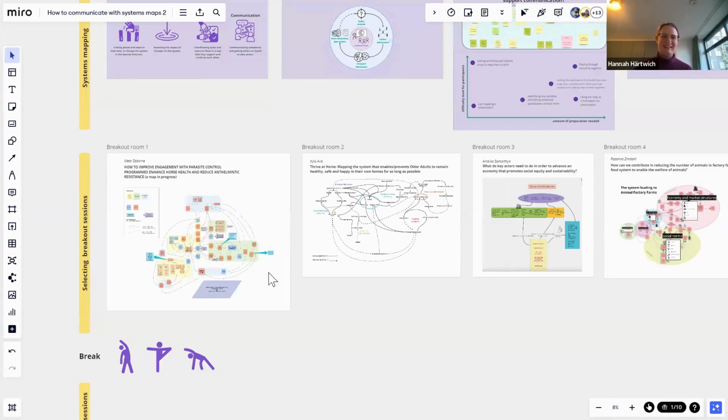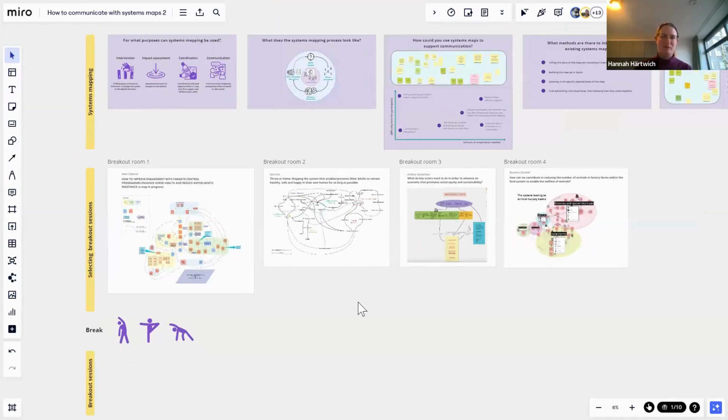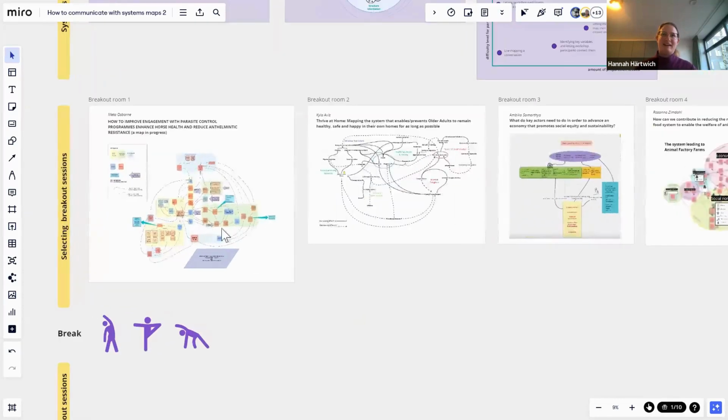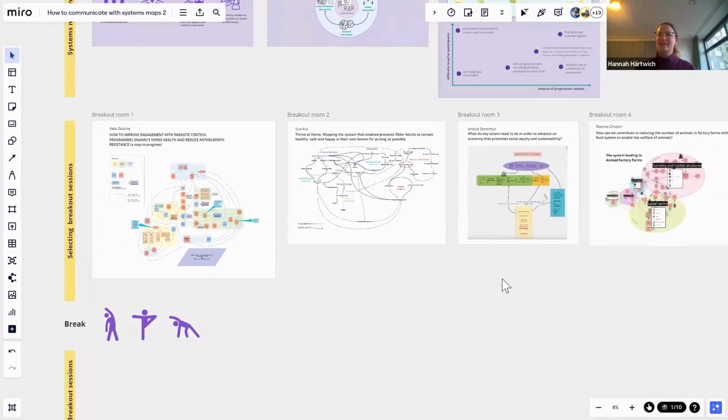Okay, then it is time that we move to the next stage of the event today. I will ask the 4 participants from the mapping workshop to briefly introduce the maps that they have been working on.